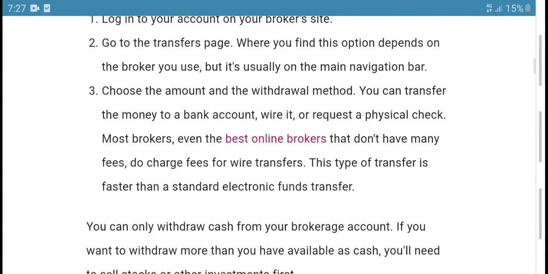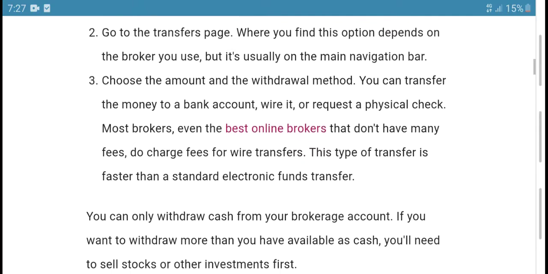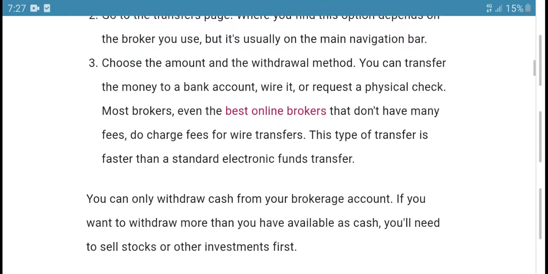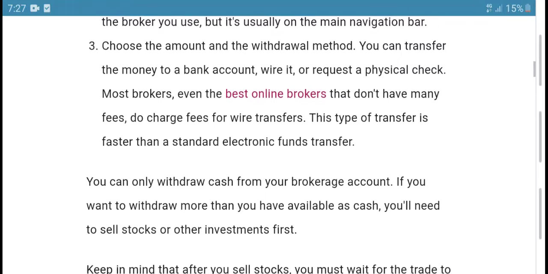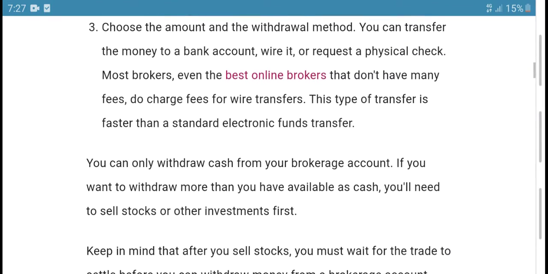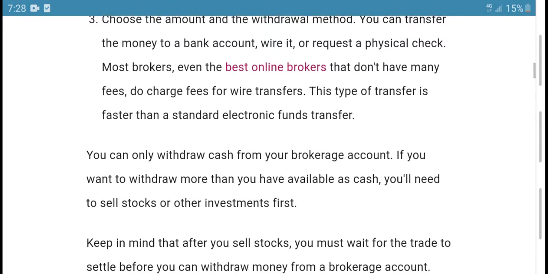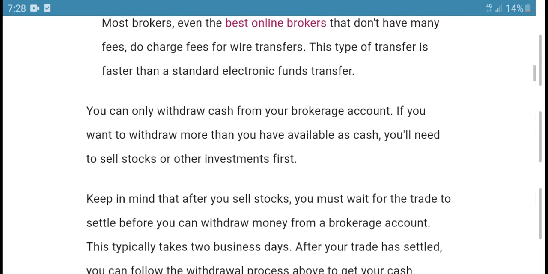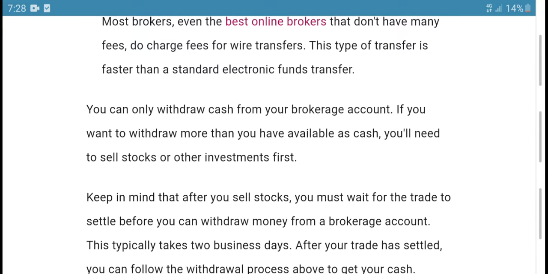Most brokers, even the best online brokers, don't charge many fees, though some charge a fee depending on the type of transfer. Features include instant electronic fund transfer. You can only withdraw the cash in your broker account.